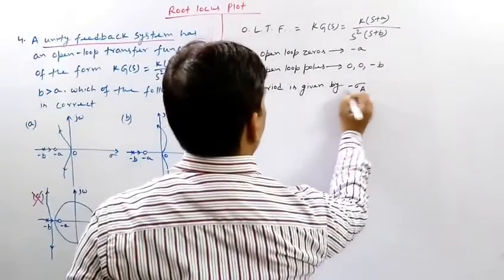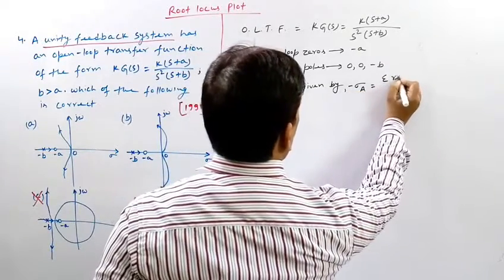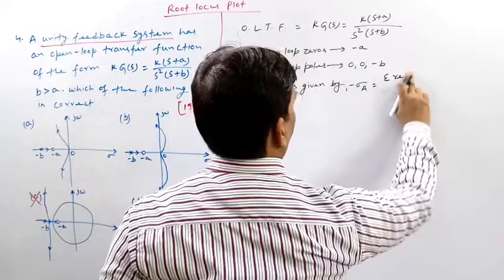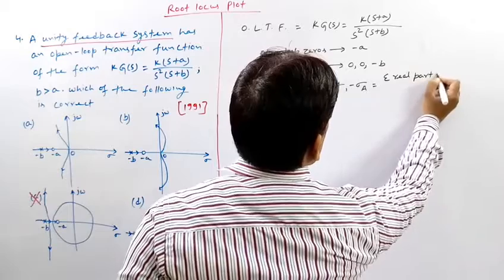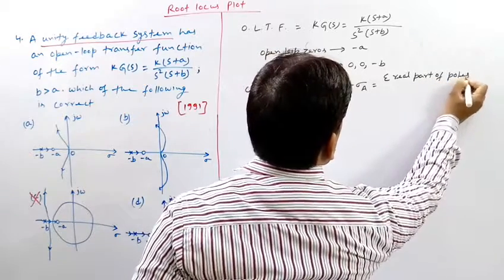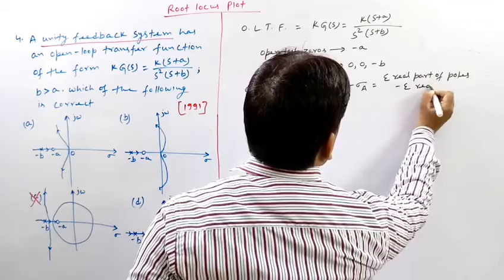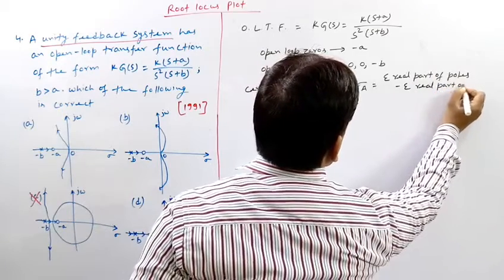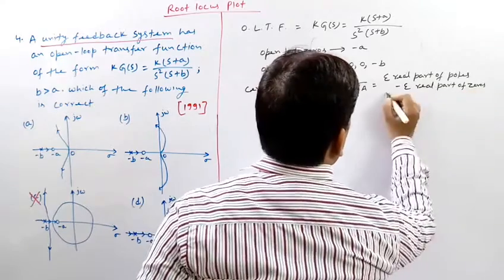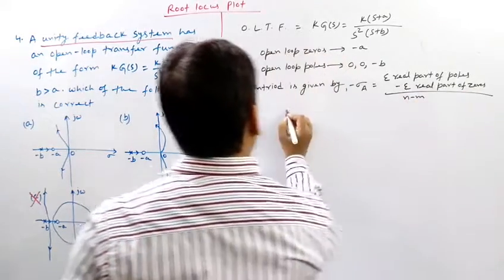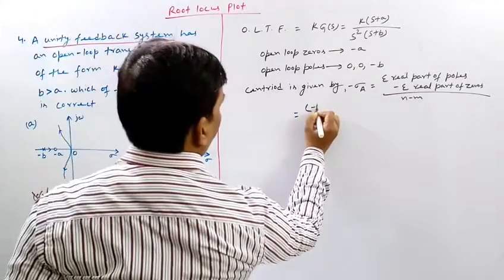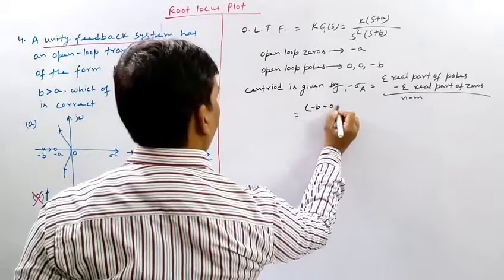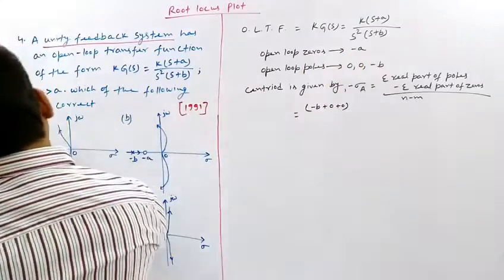minus sigma A equals the sum of the real parts of poles minus the sum of the real parts of zeros, divided by n minus m. So the real parts of the poles are minus b, 0, 0, because two poles are at 0, and the real part of the zero is minus a.